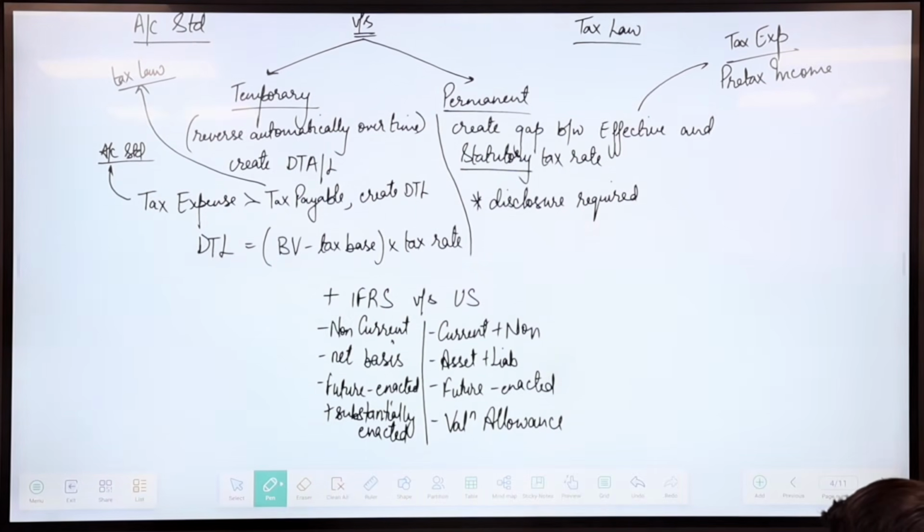Sir, this future tax rate enacted, if you could just brief a little bit. Enacted means it is actually passed in the parliament. Sometimes you have future tax rates or changes you're planning to make in the tax regulations, and you pass them in the budget itself. Generally the budget is for 1 year, but sometimes we pass provisions which will take effect over the next 5 years.